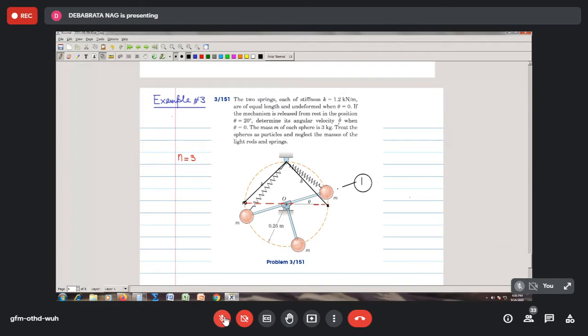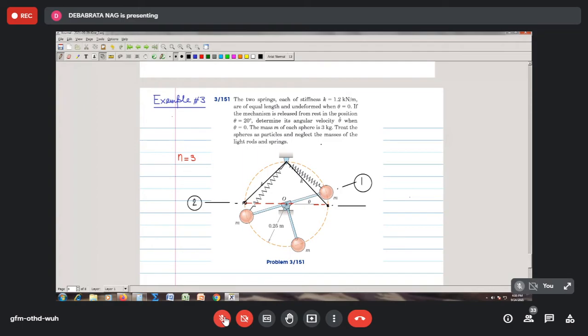Determine its angular velocity theta dot when theta equal to 0. So when theta equal to 0, this is the position that I am looking at. So this I can consider as my position 2, that is theta equal to 0.